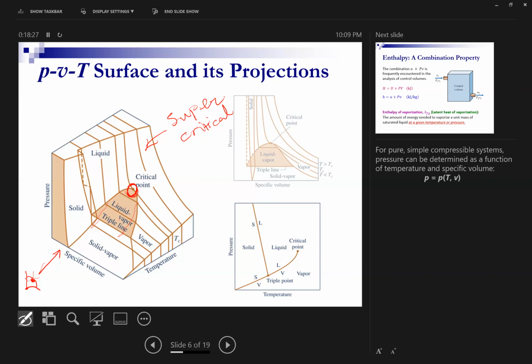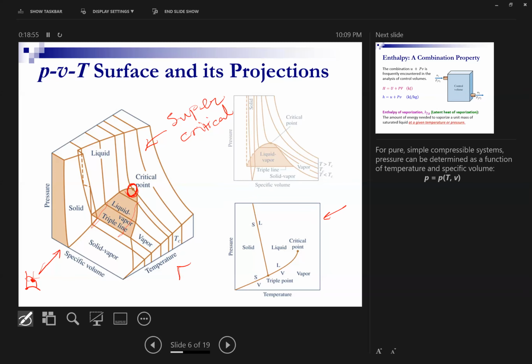If you look at it from the side, then you will see temperature and pressure. This is the graph of temperature and pressure. This is pressure-temperature.